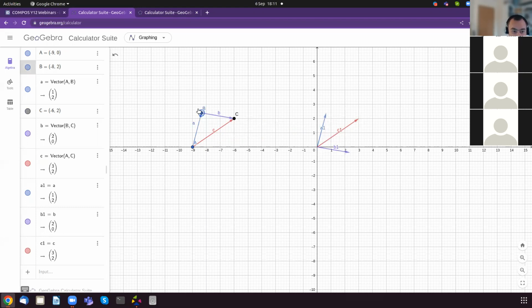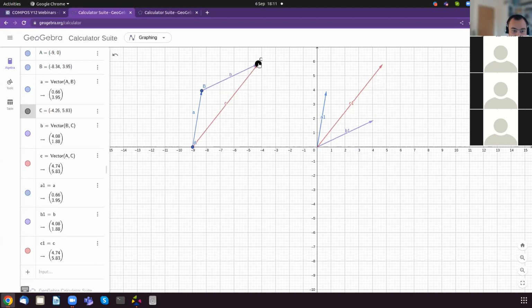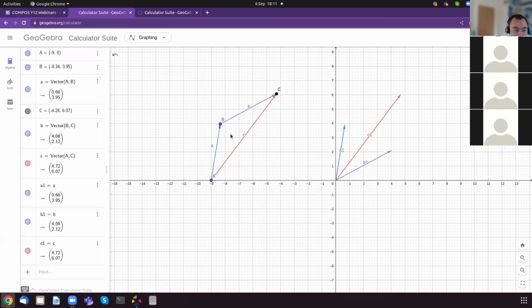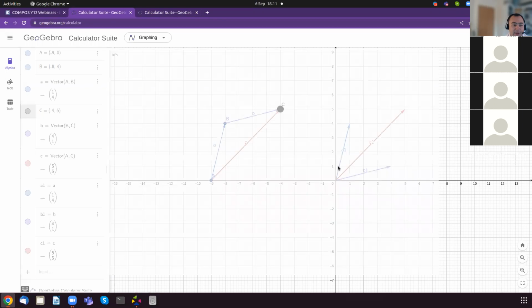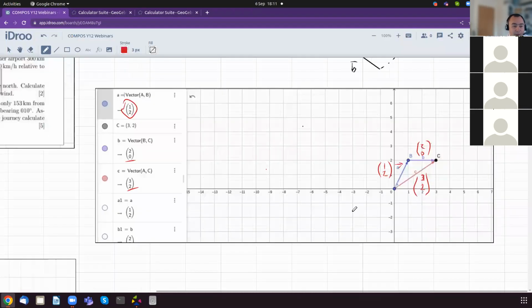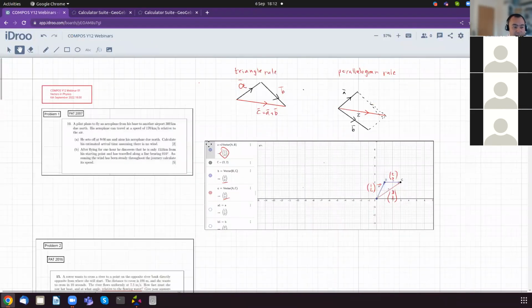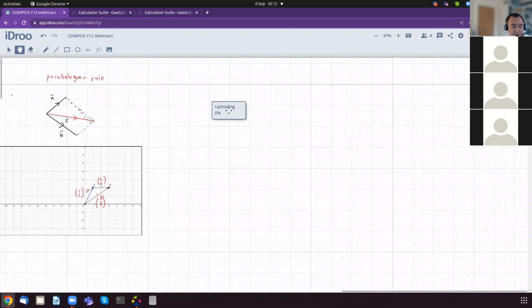If I change vector A and vector B, you can see that they change. So here, this is the equivalence of the two. I'll make it slightly more interesting like this, and I'll make a screenshot like this, and you can see here.